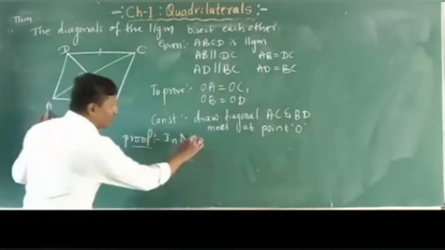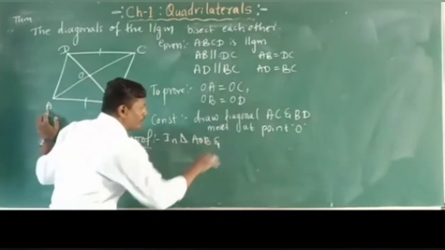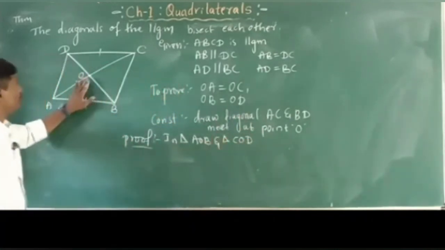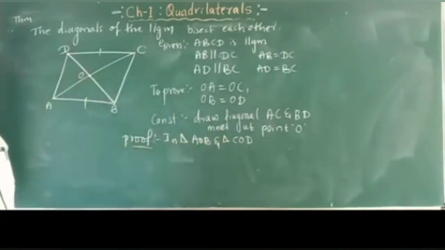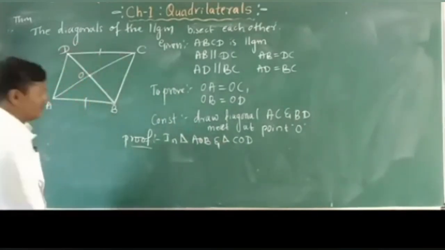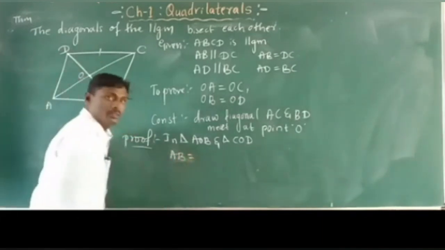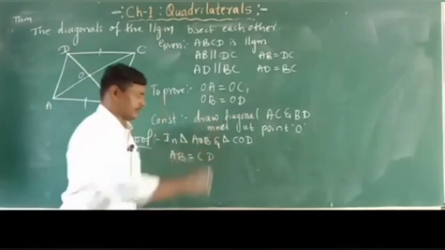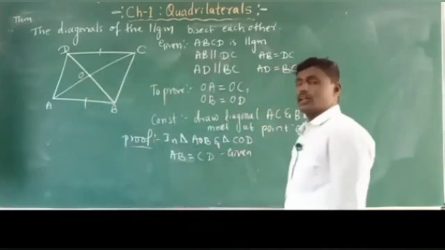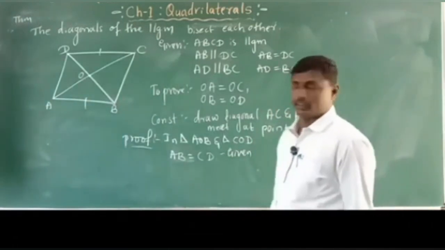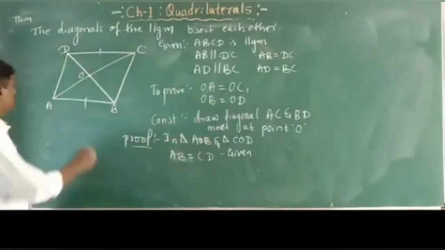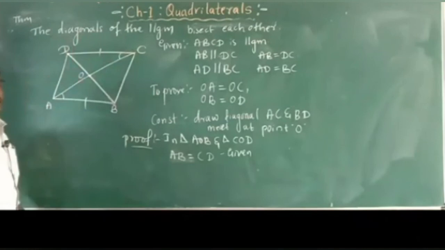So in triangle AOB and triangle COD, AB is equal to CD. This we already know, because ABCD is a parallelogram and this is the given part of the statement. Next, if AB is parallel to CD, here we get two alternate angles.